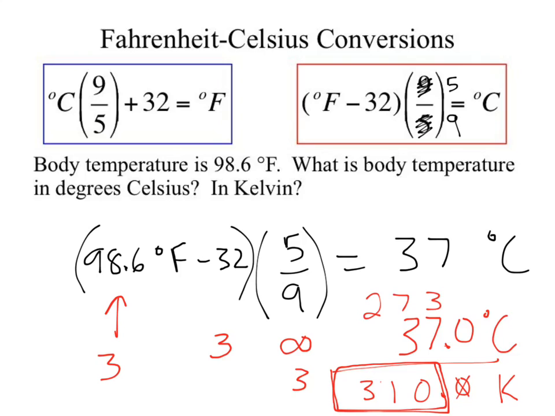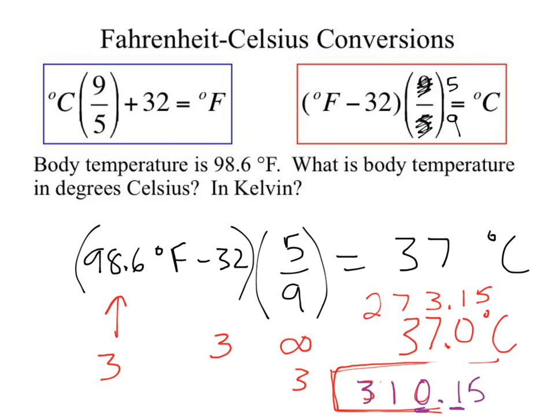Yes, hand. What if you put the 273.15? If you add the 0.15, you're now increasing the accuracy. So if we did it with the 0.15, let's go through and do that math. Here. 310.15. What's our least accurate decimal place?